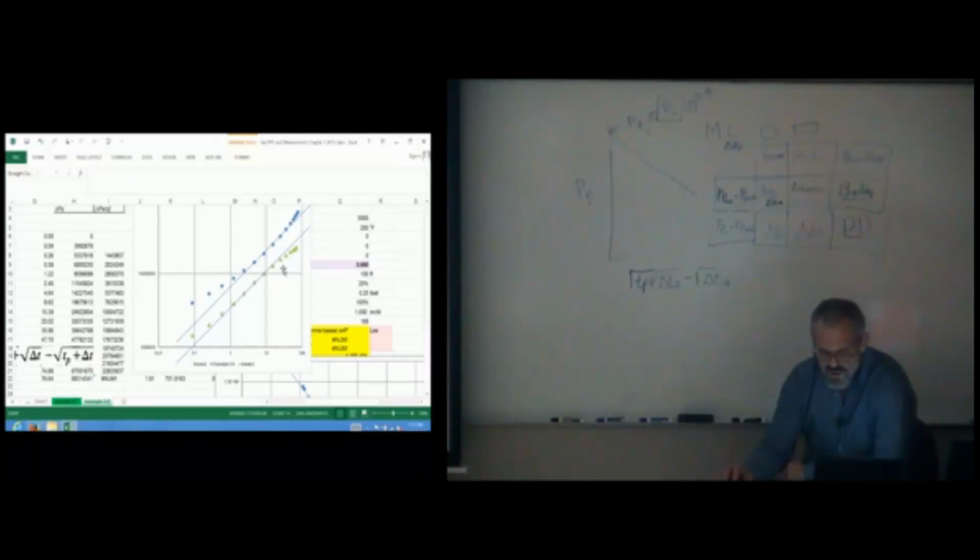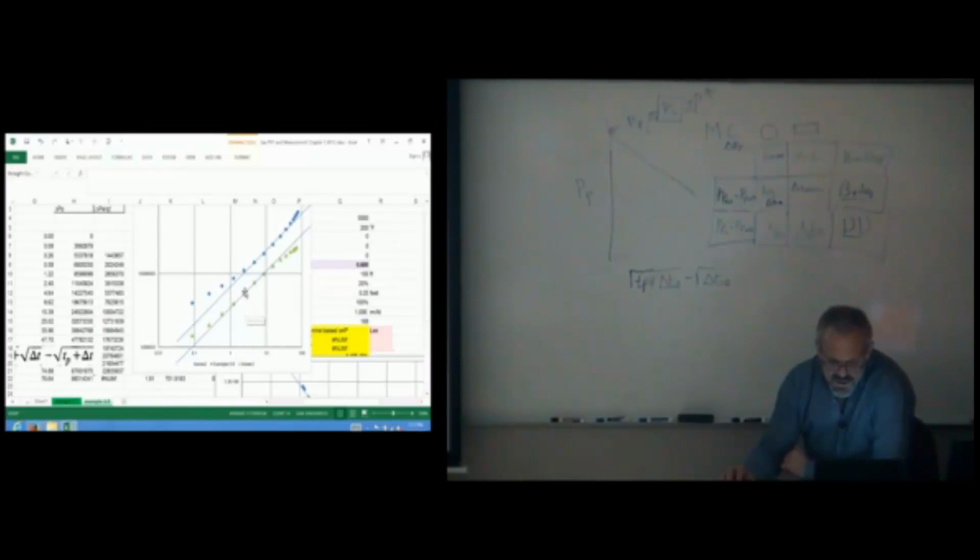And so my latter data on my delta P, delta pseudopressure, deviate north at the beginning of my line.